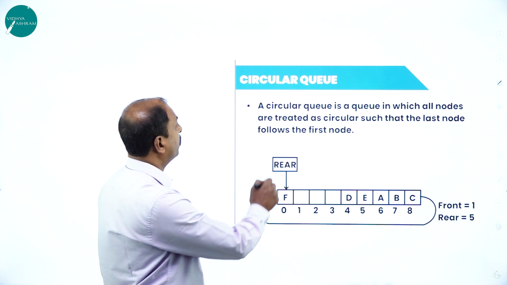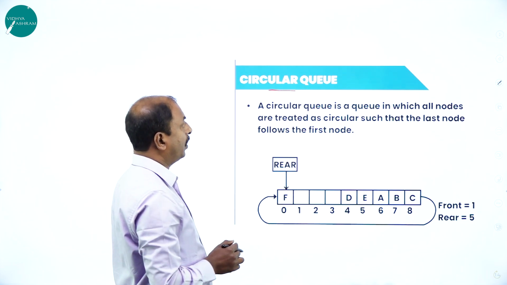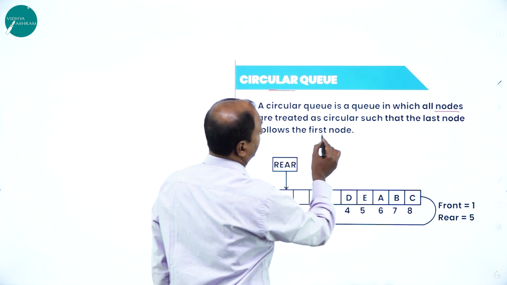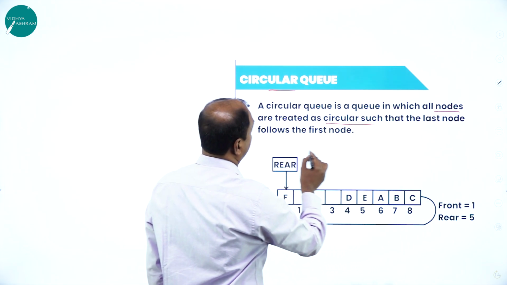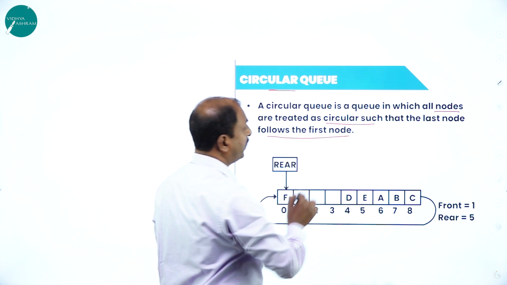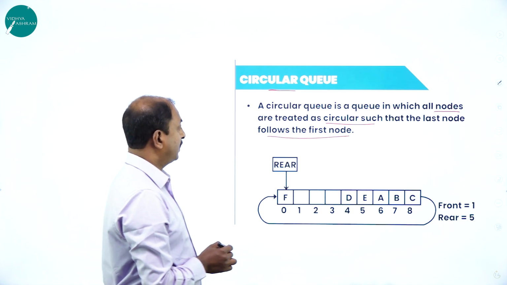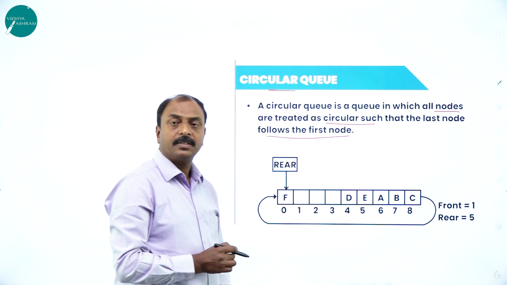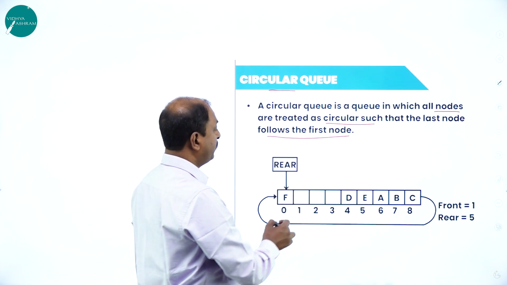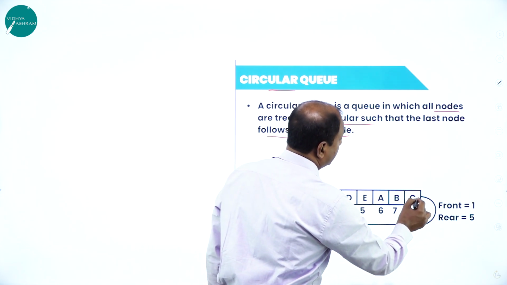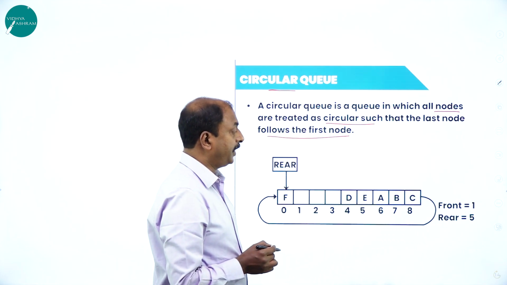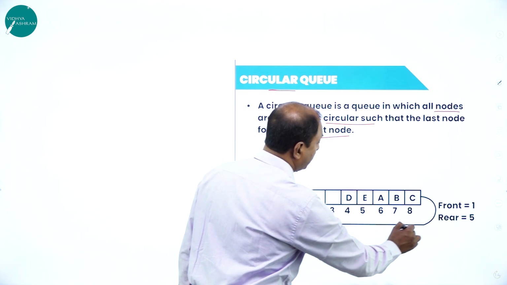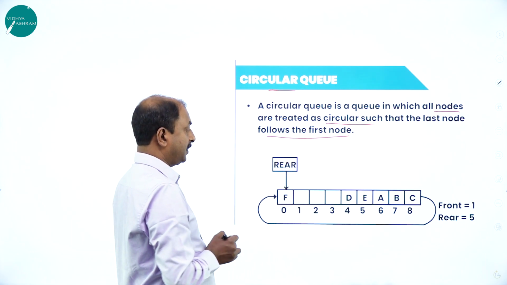Next one is the circular queue. What is a circular queue? It is a queue in which all the nodes are treated as circular, such that the last node follows the first node. Suppose this is the rear where we insert the new element, and as we keep adding elements, this is the last index, index 8. This last index points to the first index, 0.